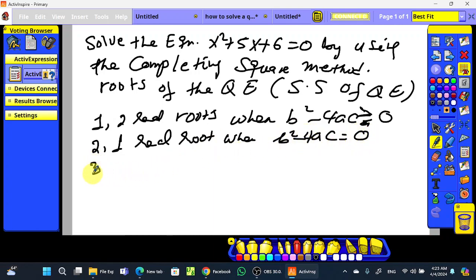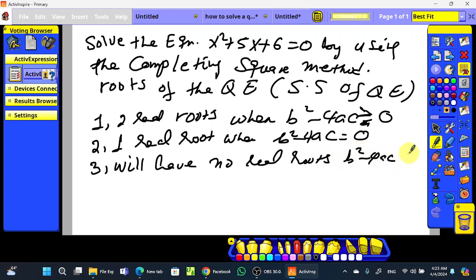Third, it will have no real roots when b squared minus 4ac is less than 0. Remember, we can't take the square root of a negative number. Let's say b squared minus 4ac becomes minus 25.